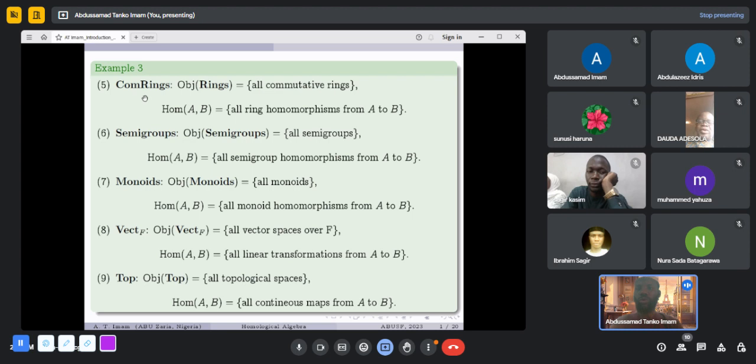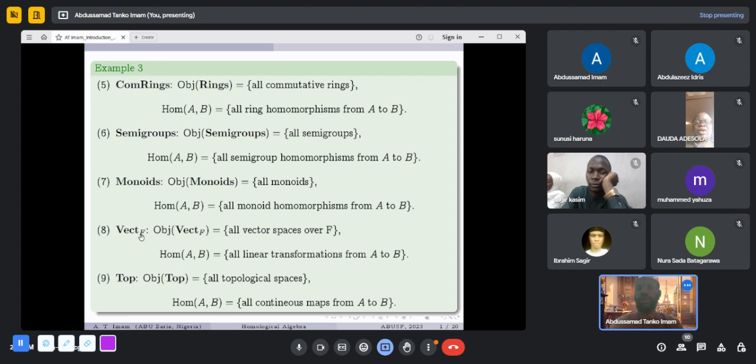And so we have commutative rings. If you take the collection of all commutative rings, with the structure preserving mappings, the homomorphisms, being ring homomorphisms, it is again a category. Semigroups is an example of a category. And then monoids is also an example of a category, with monoid homomorphisms.